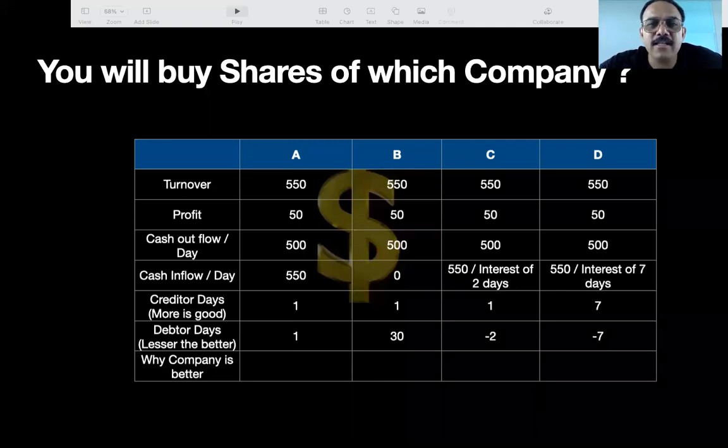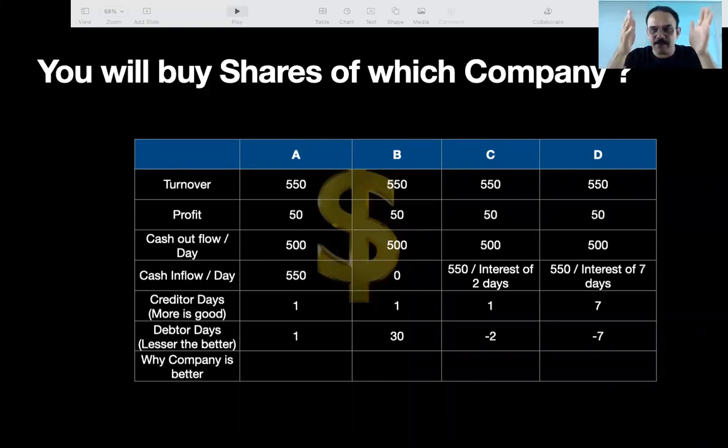So if we see company B, it took money from the customers at the end of the month, so it has to put in more money to run the business. How many of you agree that B had to put in more money to run the business?